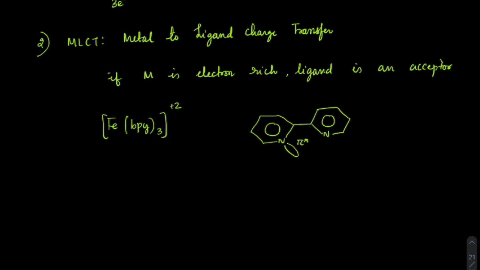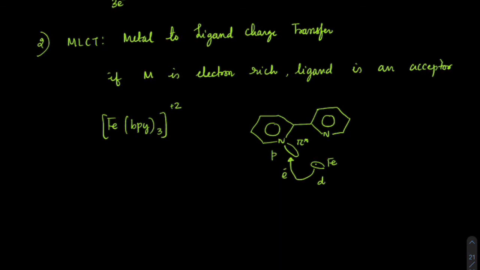Okay, N would have a pi star orbital, and iron which has an electron present in it. कोई d ऑर्बिटल में इलेक्ट्रॉन होगा जो कि ट्रांसफर हो रहा है पाई स्टार ऑर्बिटल में. अब ये ट्रांसफर किधर से हो रहा है, d से p में हो रहा है ना, क्योंकि नाइट्रोजन के पास तो सिर्फ p ऑर्बिटल होता है. So that is also Laporte followed, है ना.